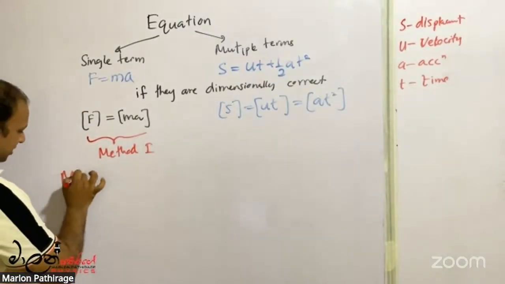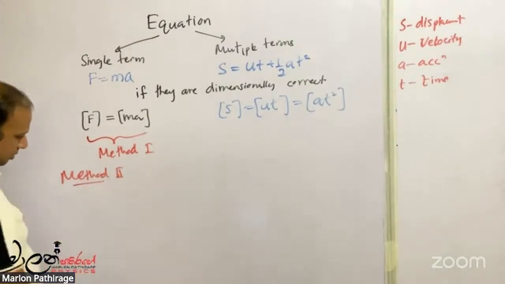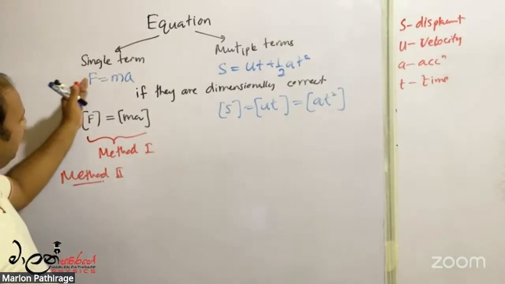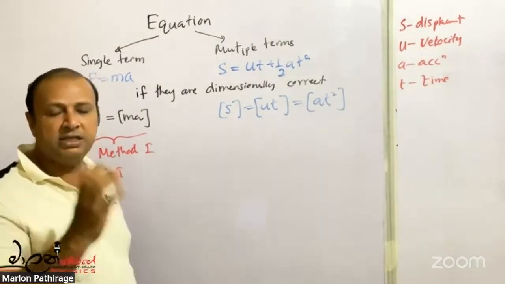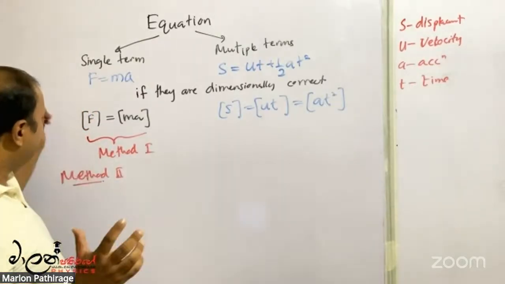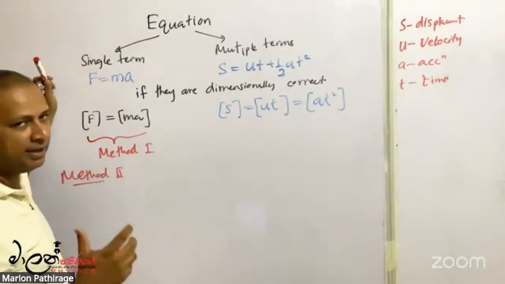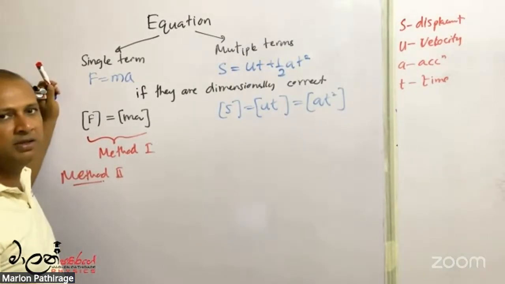Method two is, as there is already a single term on one side, instead of writing two terms, I can write the dimension of the left hand side and the dimension of the right hand side.